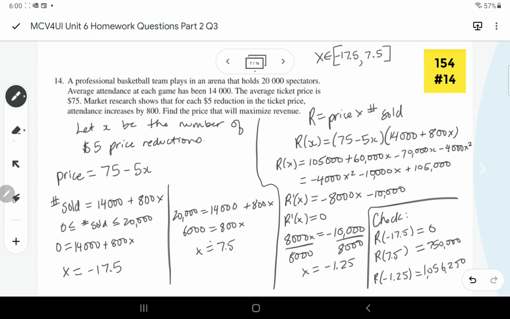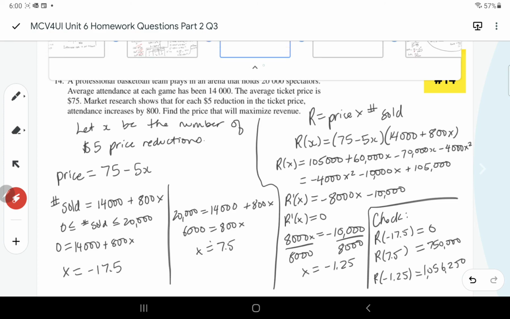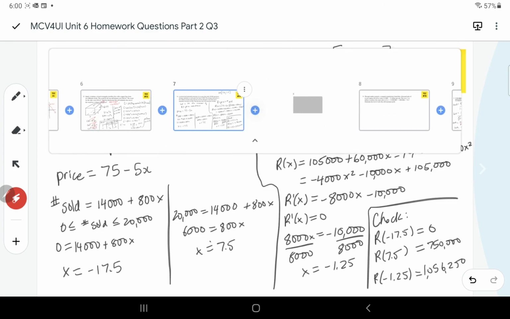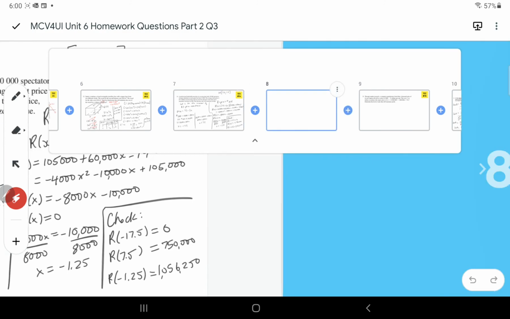Okay, so I have calculated these, and we do see that this is the best or optimum value. We can maybe just squeeze a slide in here to have a bit of room.